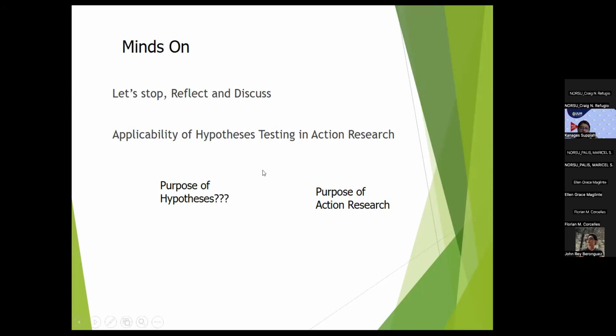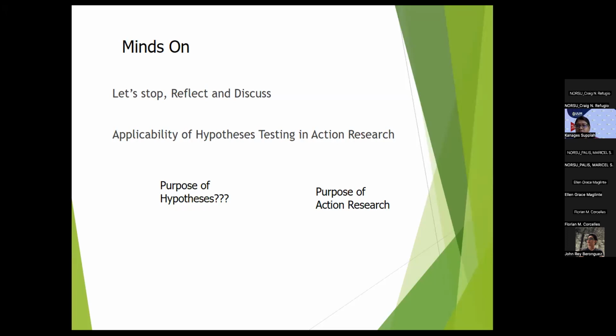So the main question is the applicability of hypothesis testing in action research. To help you get the answer, try to ask yourself, what is the purpose of hypothesis testing? What's the purpose of action research?